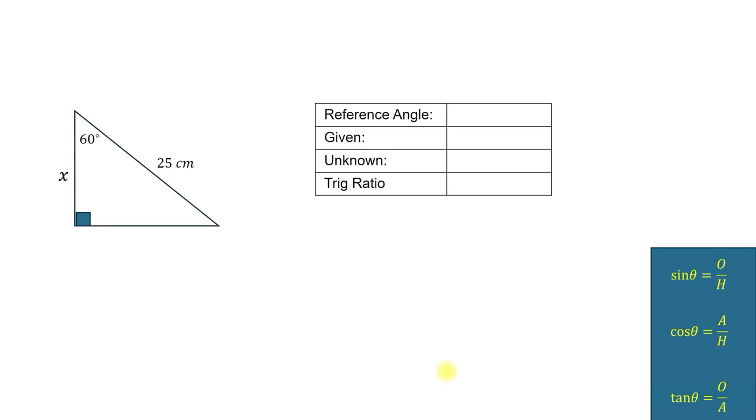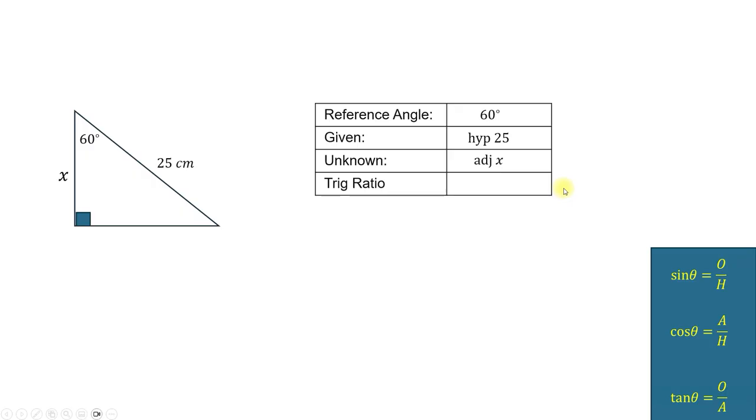In this question, our reference angle is 60 degrees. We're given the hypotenuse of 25, and we're asked to solve for the adjacent x. So the trig ratio that deals with adjacent and hypotenuse is the cosine.